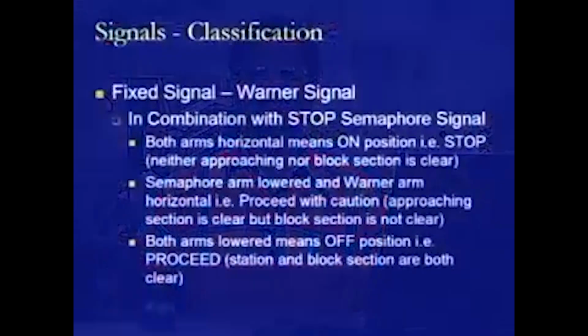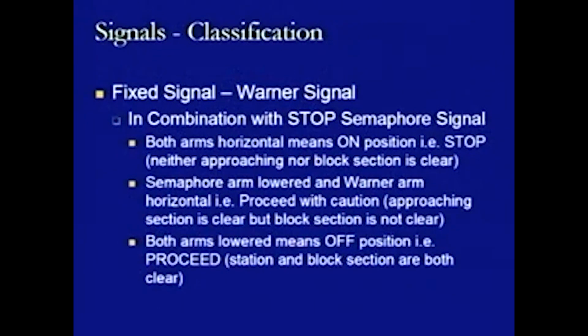This means we have two sections: one is the section which the train is approaching just ahead of the signal which is to be crossed, and the other is the next section which it will be taking up. So, if both the arms are horizontal, it means both the approaching section and the block section are occupied and not clear for movement of this train.